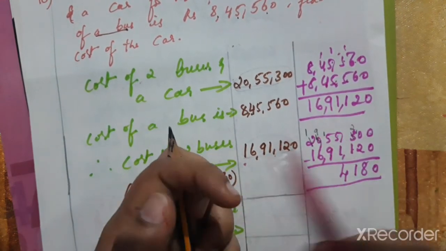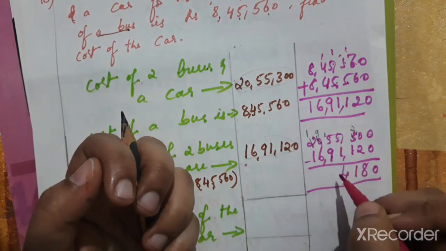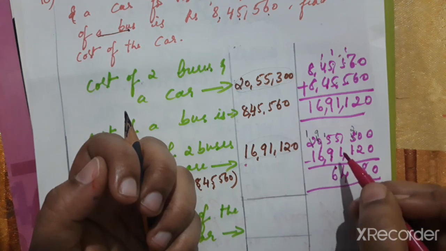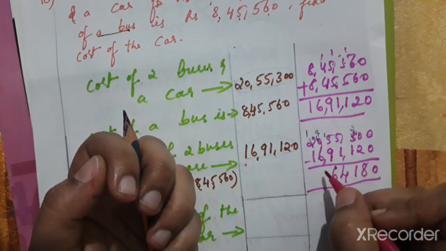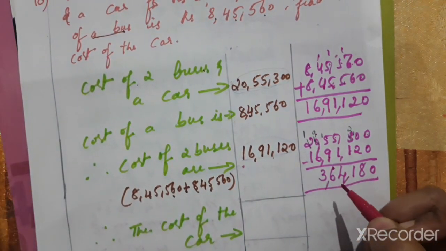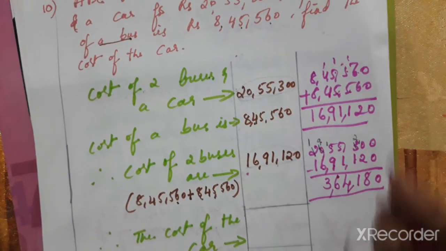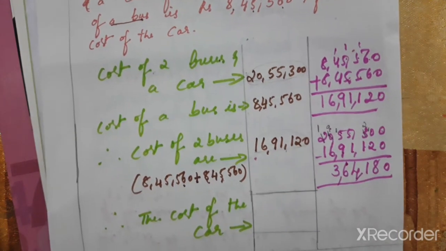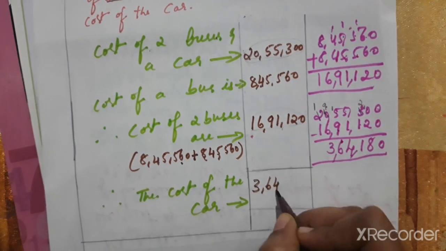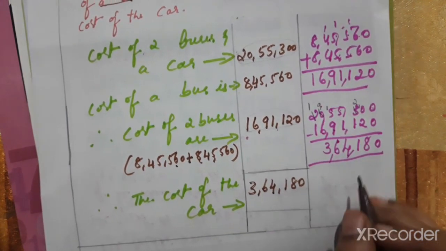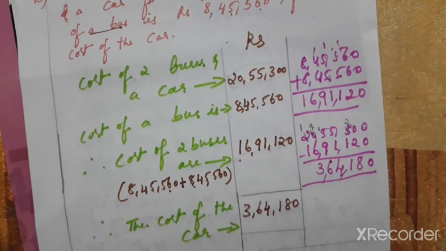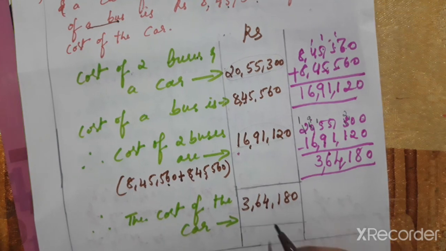Now 15 minus 9 is 6. Okay, now 9 minus 6 is 3. 1 minus 1 is 0. The value is 3,64,180. Then the cost of the car is 3,64,180 rupees.